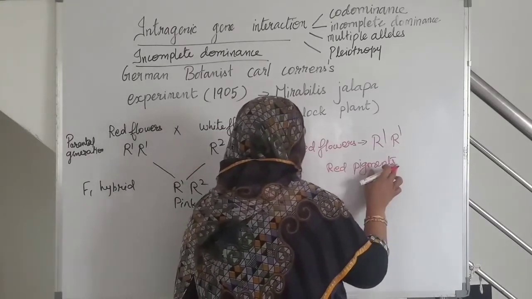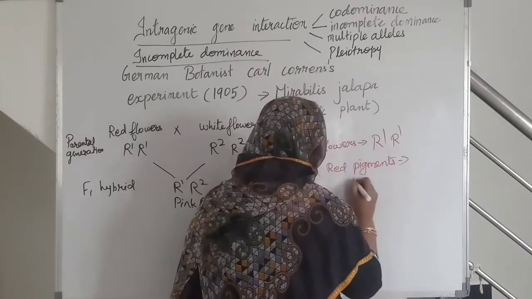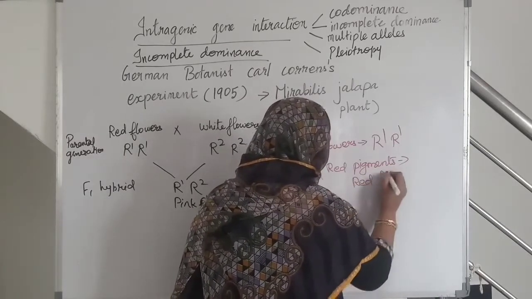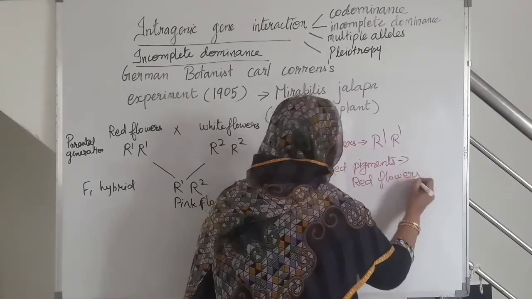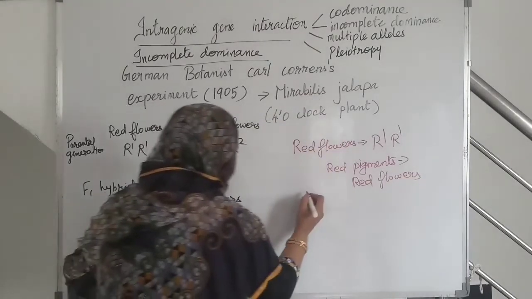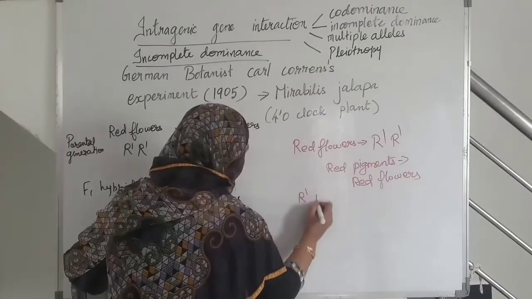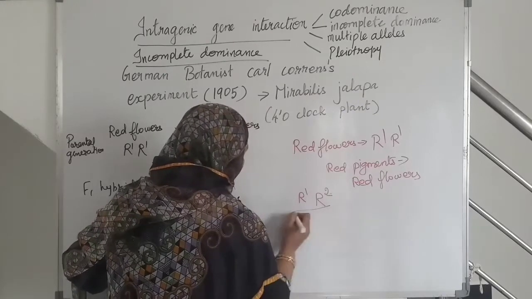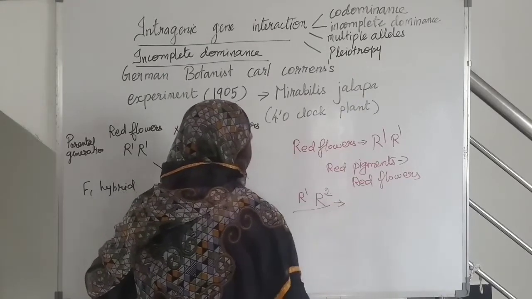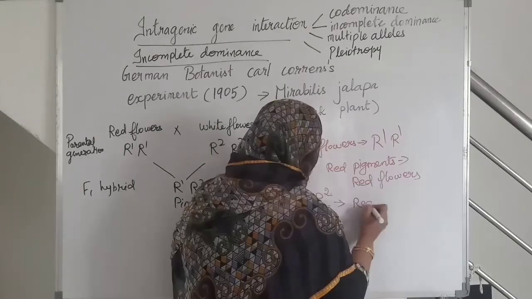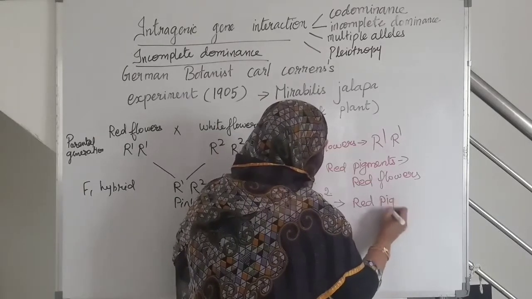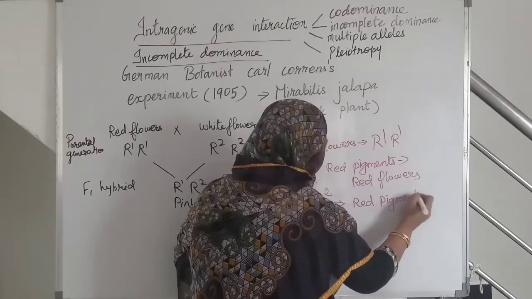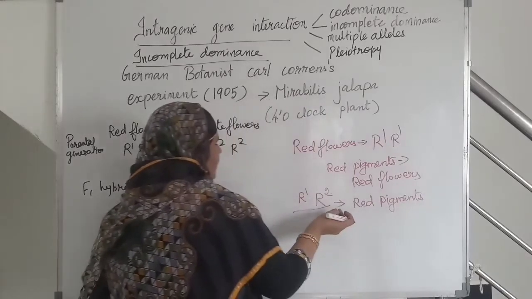Then we get the red flowers. But in the genotype R1R2, it produces less red pigment, only a little.